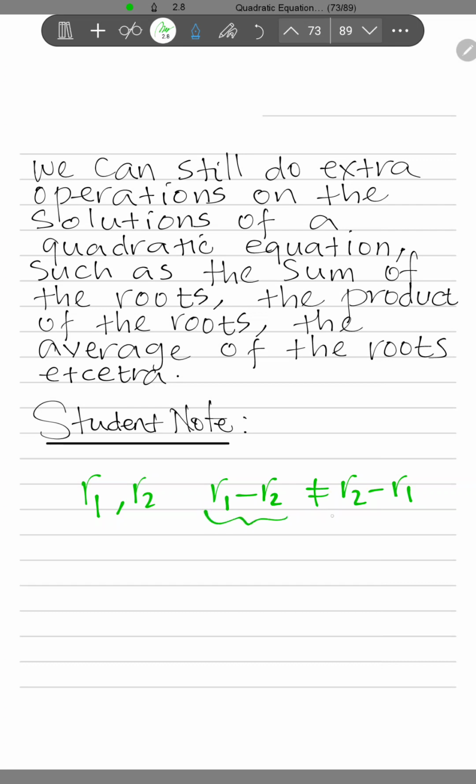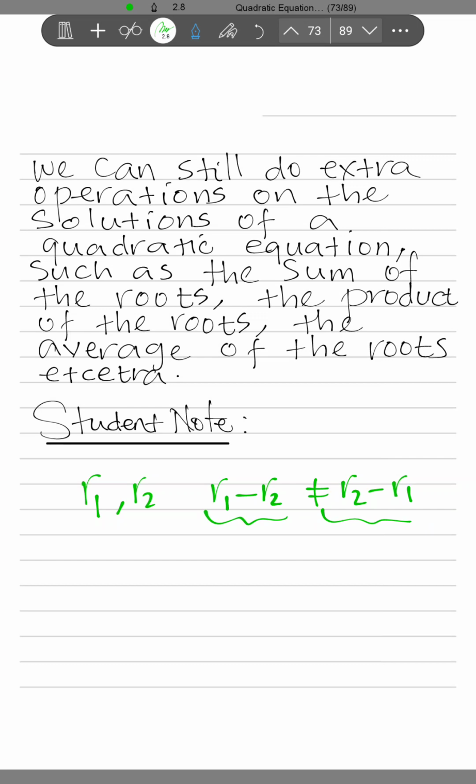It means that subtraction is not commutative. So when we talk about differences of the roots, we might have two results: one is R1 minus R2, the other one is R2 minus R1. In this case, maybe we can choose a best answer, but it's not that important to worry about.